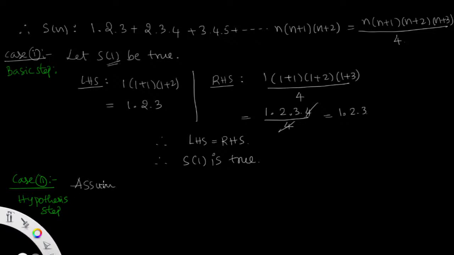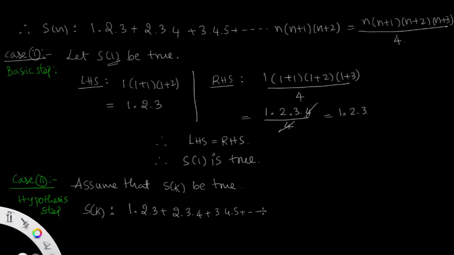Assume that S of k is true, for any value of the number, let it be k. So S of k is 1 into 2 into 3, plus 2 into 3 into 4, plus 3 into 4 into 5, and so on.